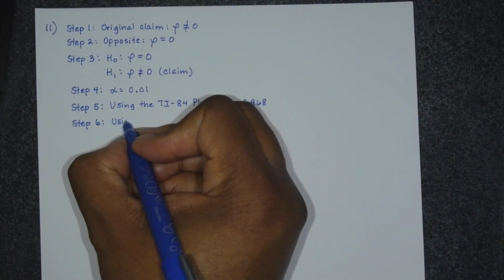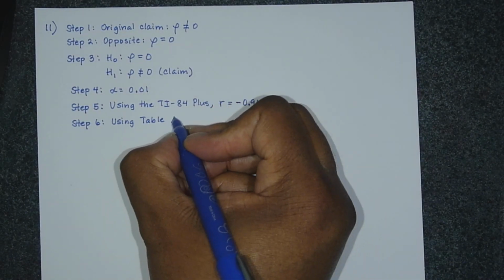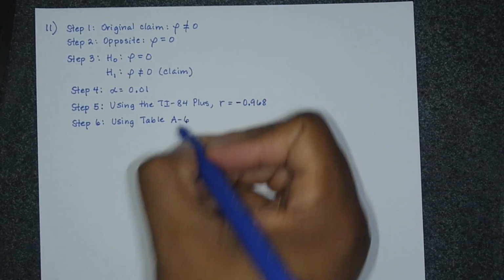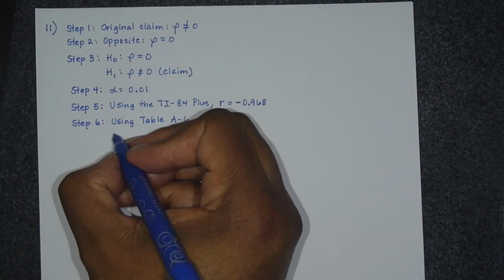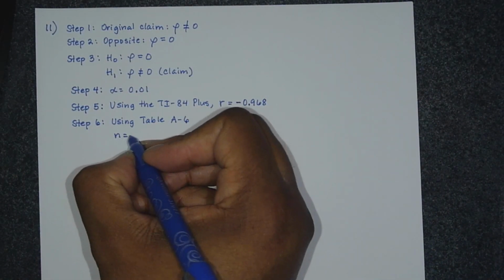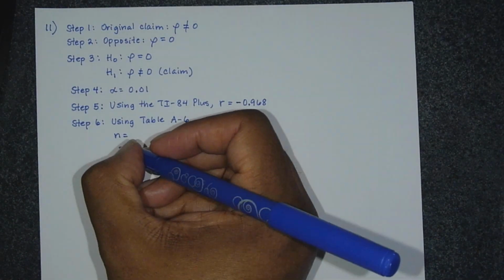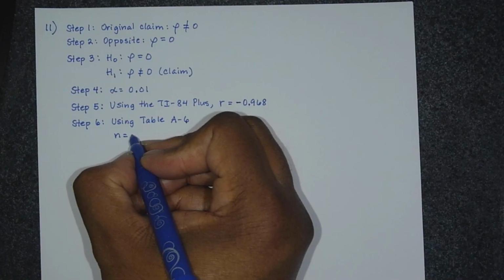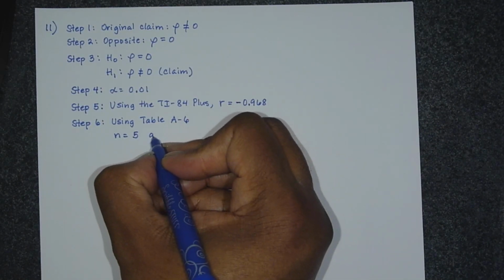And step number 6, you're going to be using table A-6 to tell me what that critical value is going to be. Now here, you're going to have to pull up table A-6 because I don't have that with me. The N, which is the number of paired data values, that's 5.